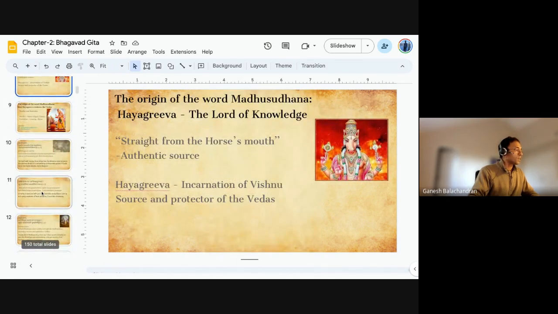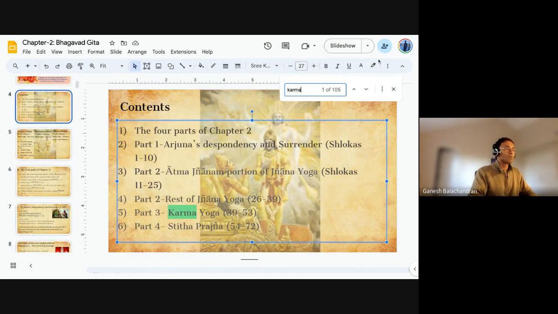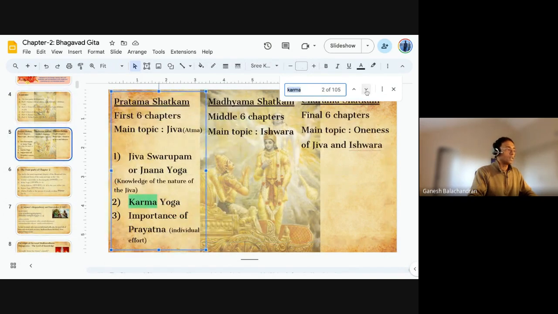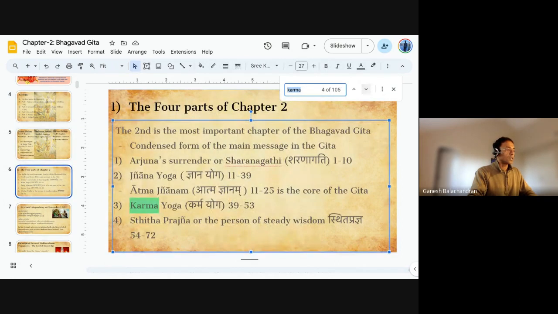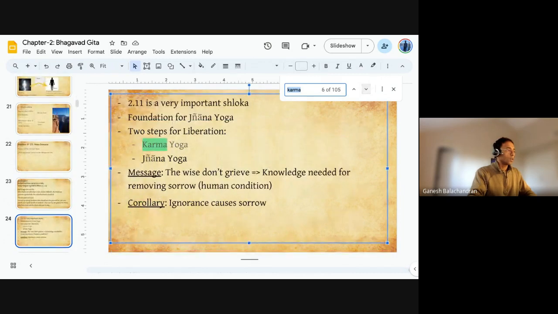First is Karma Yoga to get Atma Buddhi Shuddhi. Then once the mind is ready to receive the knowledge, you go into Jnana Yoga. So 2 steps for liberation: Karma Yoga and Jnana Yoga.